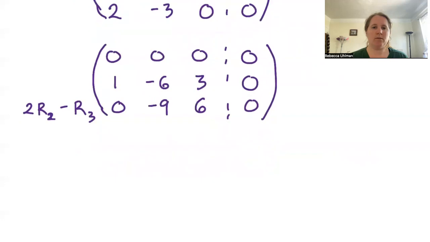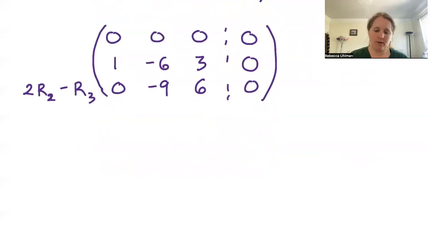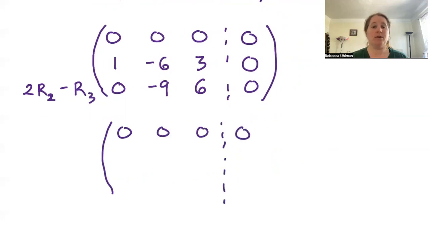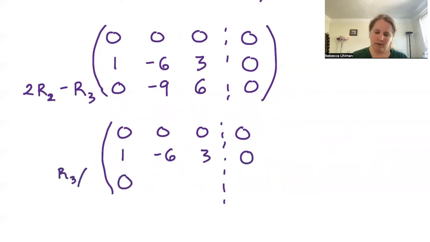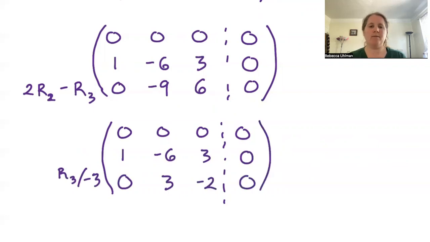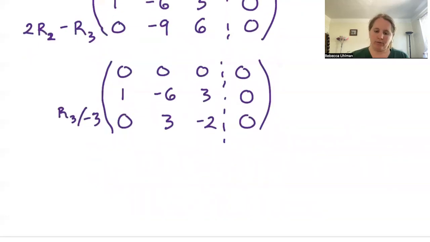We could, if we wanted, rescale this. You don't have to do either of these steps if you don't want. Since we do already have a free variable, and it's clear that the other two rows are not multiples of each other, we have 1, negative 6, 3, 0 for our first row. If we do row 3 divided by negative 3, we can scale it a little and have 0, 3, negative 2, 0 for row 3. So we have a free variable.